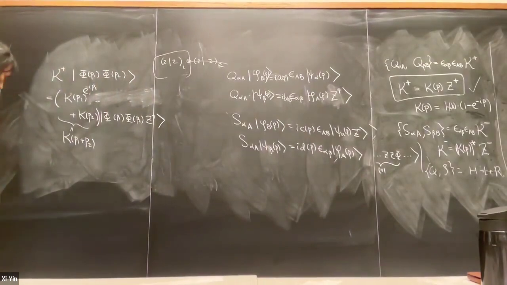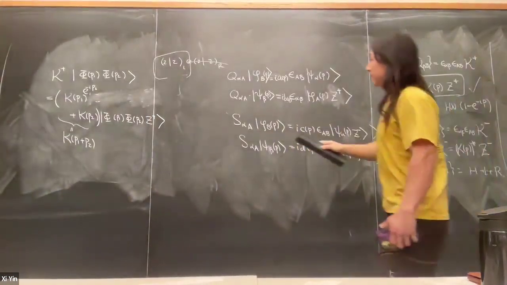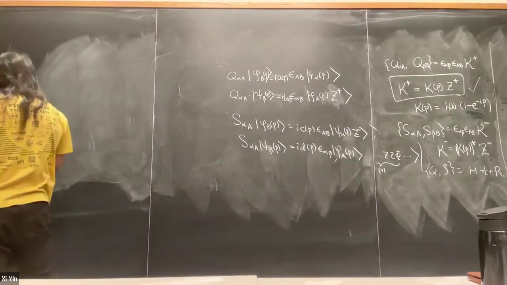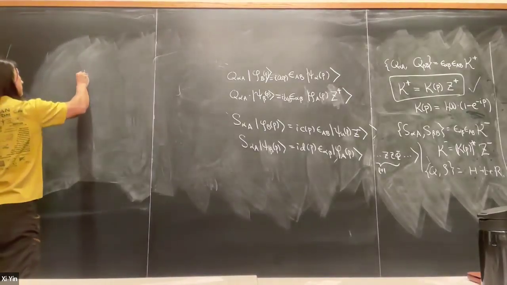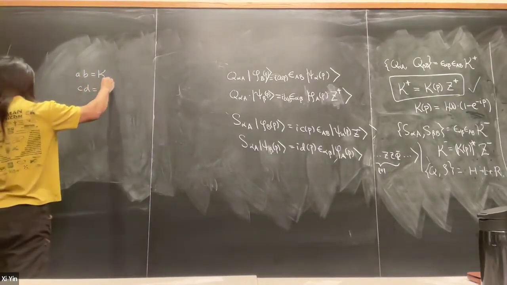Now the A, B, C, D, of course, are not arbitrary. If you already know this form of the algebra, we know that A, B, C, D are tied to one another. You find that AB equals K, CD equals K star.